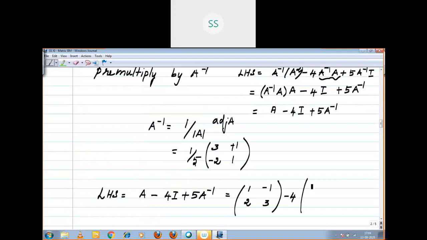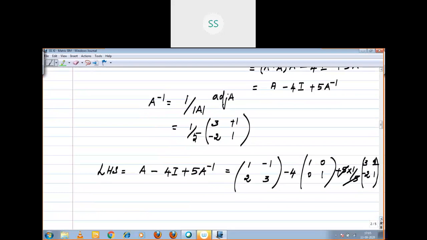It is 2 by 2, so your identity is also 2 by 2, plus 5 into 1 by 5 bracket 3 1 minus 2 1. Got it, children? Now it is easy. 5 5 cancel. Then what can you get?